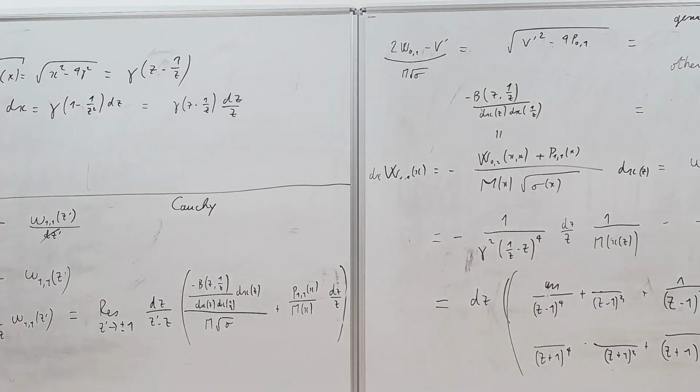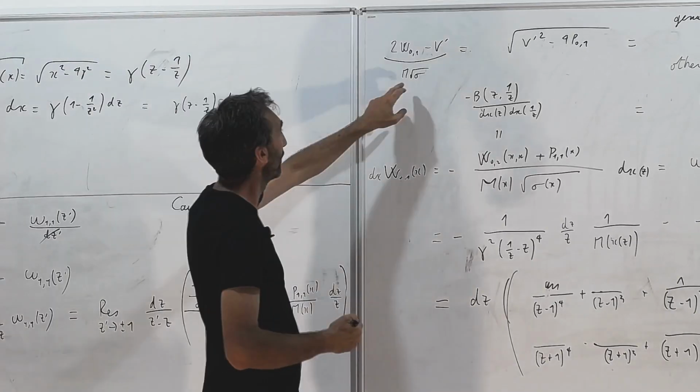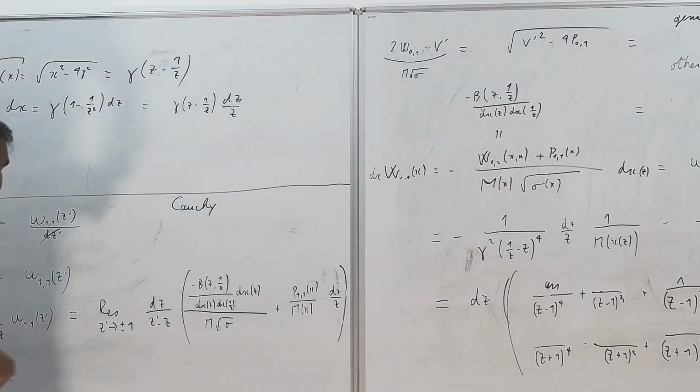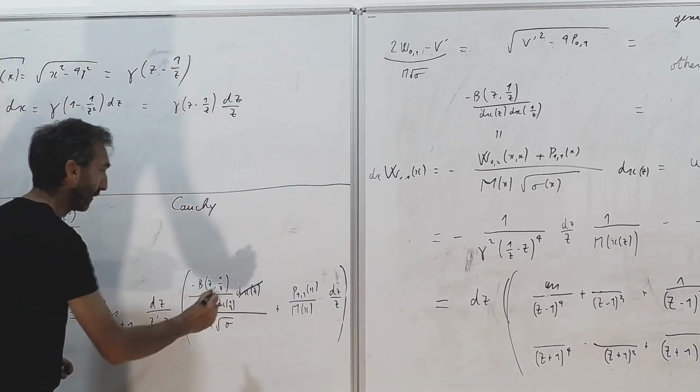Right? And well, m square root of sigma, okay, I will write it in a minute. Well, first, dx of z and dx of z cancel.